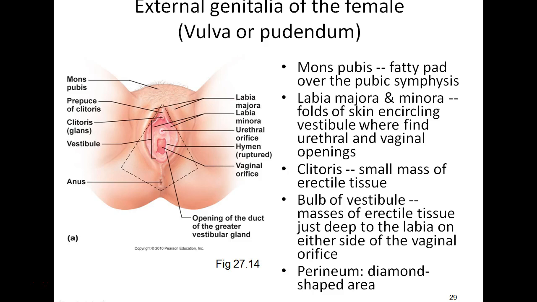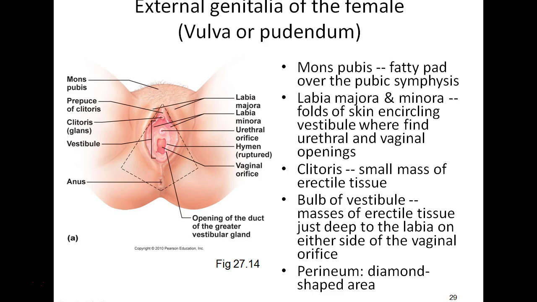On either side of the vestibule, we can see an erectile body called the bulb of the vestibule, and that's going to engorge with blood and increase in sensitivity during sexual intercourse. In addition, we have a pair of greater vestibular glands, and these are also going to be called bulbourethral glands.